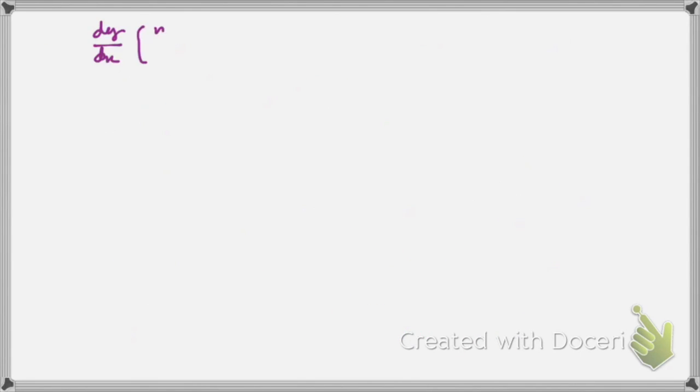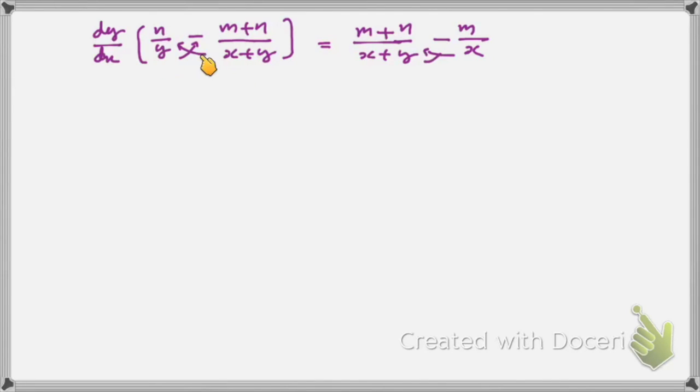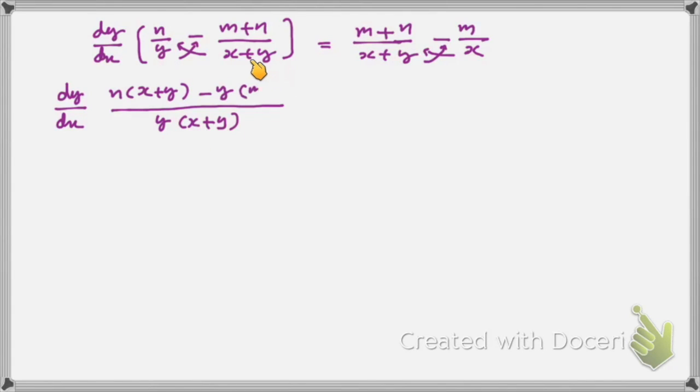We copy this one more time here before I take LCM. So that's the step we reached, and I'm going to take LCM here. LCM will be y into x plus y. There the LCM will be x into x plus y, and of course you will cross multiply. So you get dy by dx into LCM is y into x plus y, and I cross multiply x plus y. So what do I get? n into x plus y minus this y goes up there, y into m plus n is equal to right side.